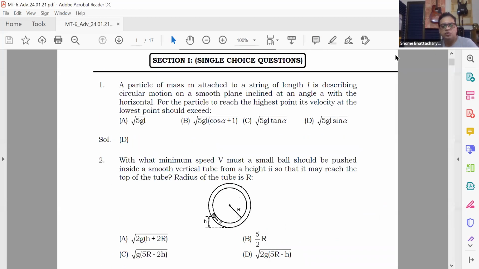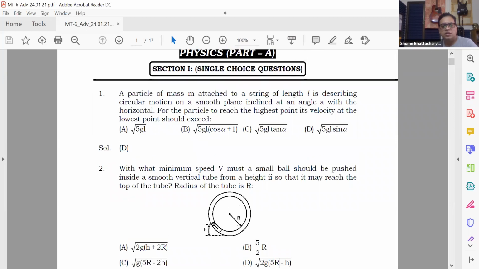Okay, let's look at question number 1. Shikhar has a doubt in it. A particle of mass m is attached to a string of length L in a smooth plane inclined at an angle, this should be alpha actually, with the horizontal. For the particle to reach the highest point, find its velocity at the lowest point.